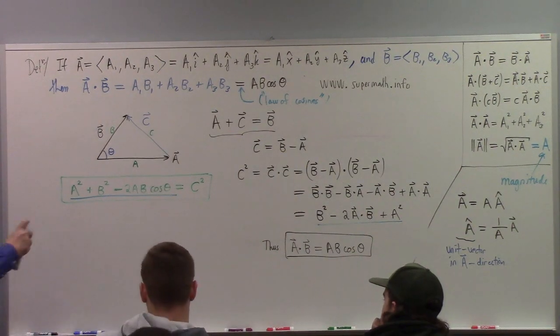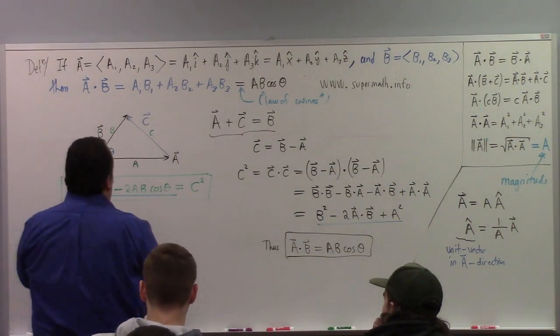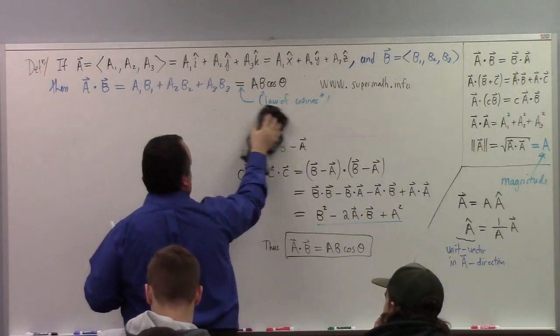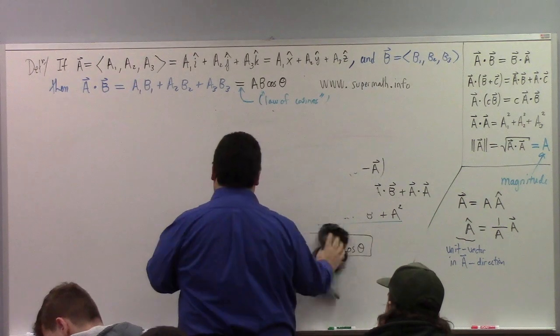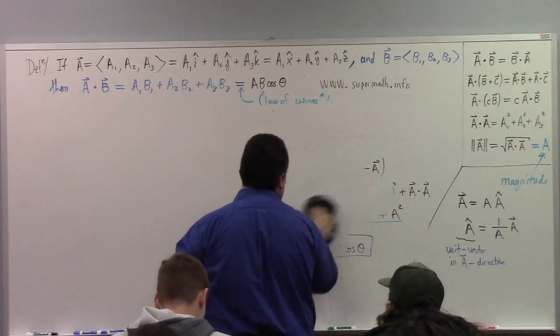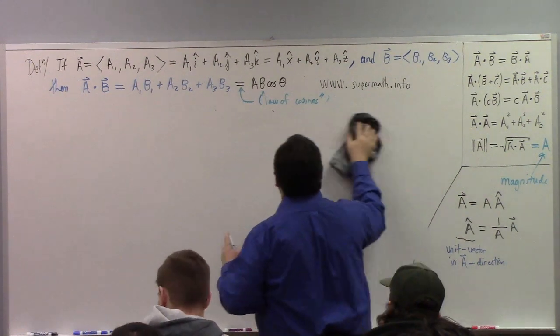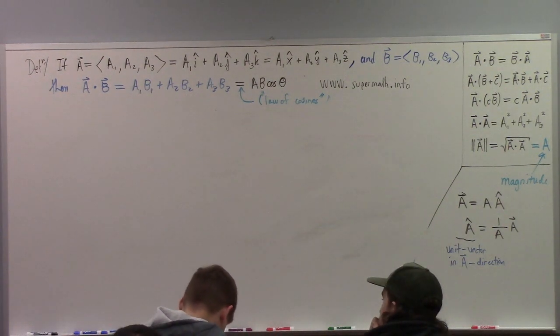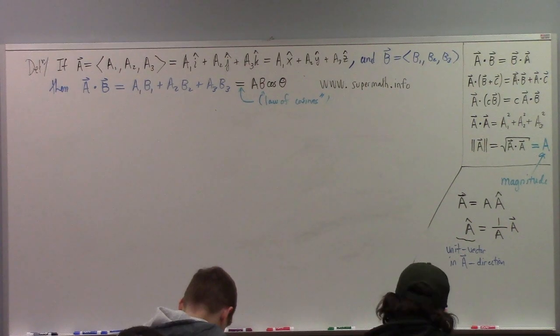So the standard example I always do is to calculate the angle between some vectors. Well, let me just give you a little theorem. Suppose you want to calculate the angle between vector A and vector B. How would you do it?